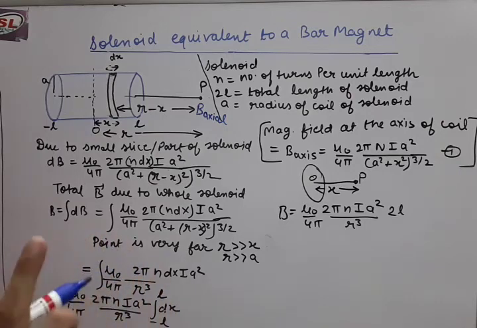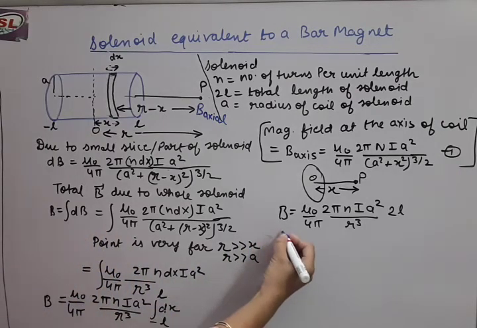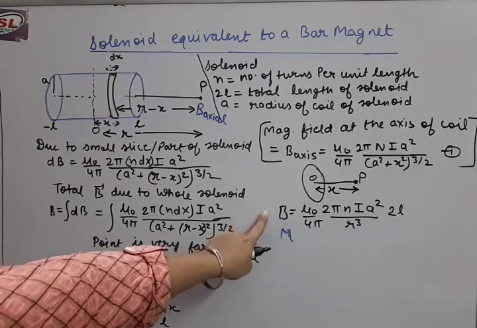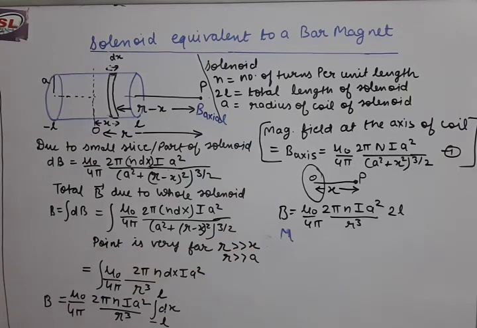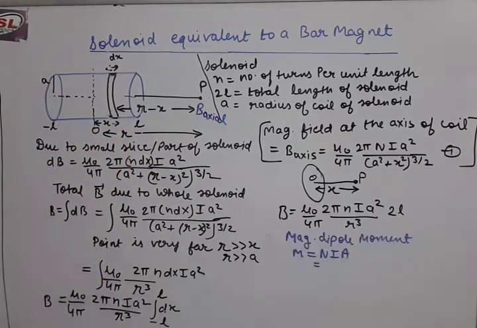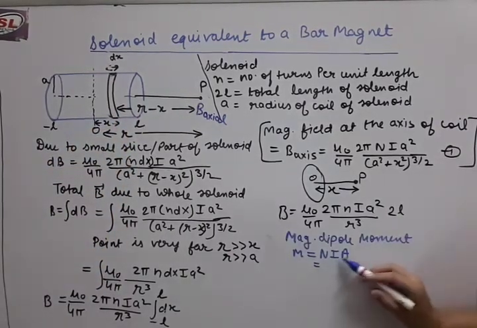Now two more steps are remaining. We have got this final answer, but the answer we require should be in terms of the magnetic dipole moment capital M. So let us make the magnetic dipole moment of this solenoid by the NIA formula.